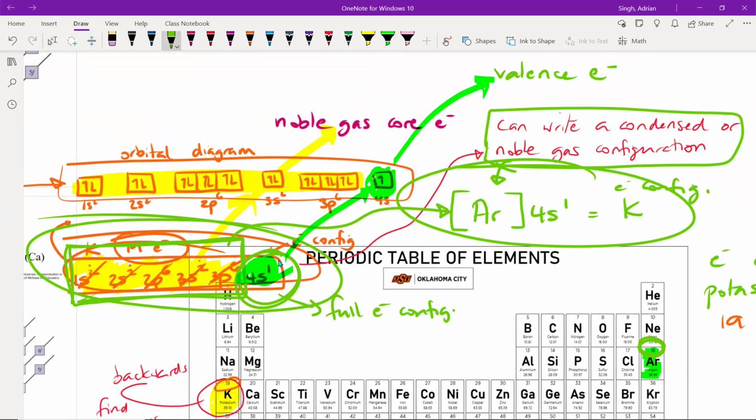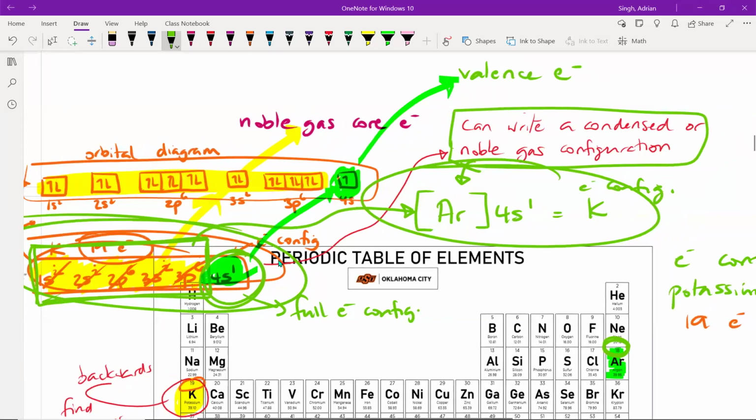Valence electrons are the outermost electrons. They are found in the outermost occupied subshells, the one with the highest n value.